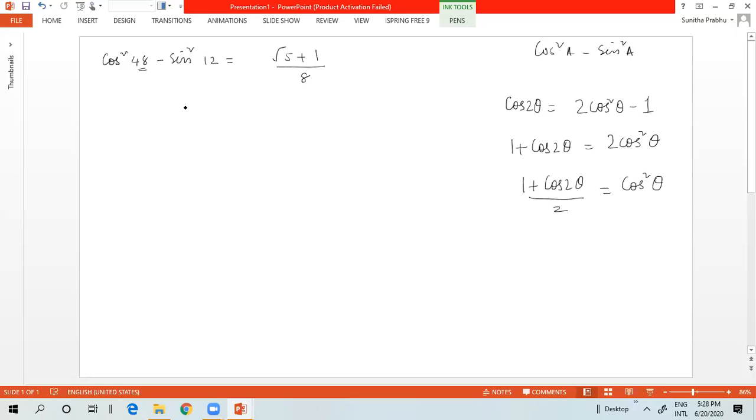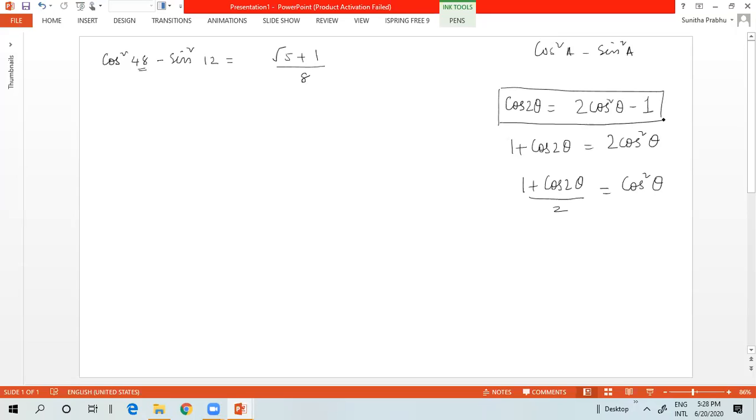Yes, sir. So when I have cos square theta, I can always write it as 1 plus cos 2 theta by 2. And for this, I know this formula. So friends, this is not a big mystery.